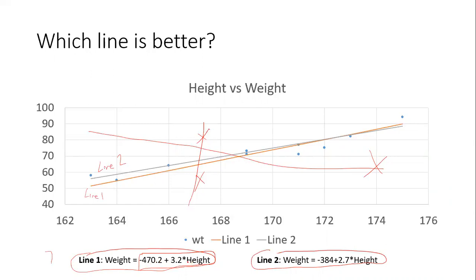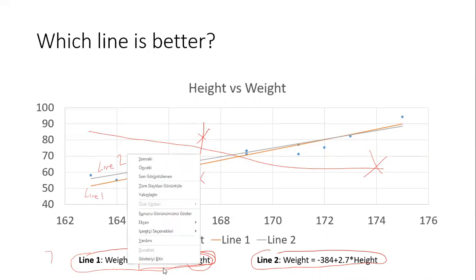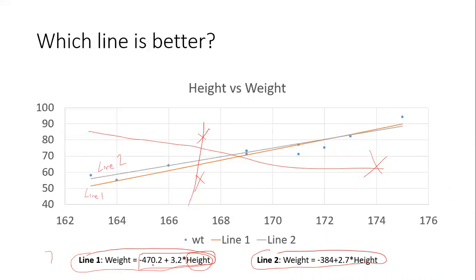What does this mean? If you just provide a height value here, 3.2 times height minus 470.2, it will give you a weight. So for example, if your height is, let's say, 100 times 3.2, that's not a good idea.